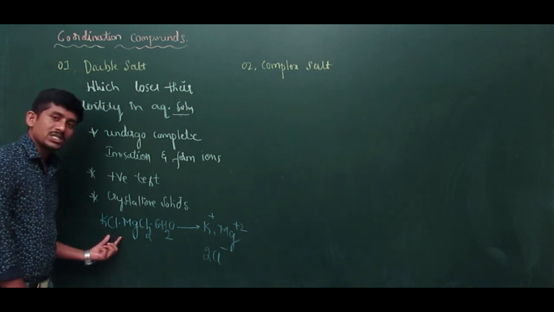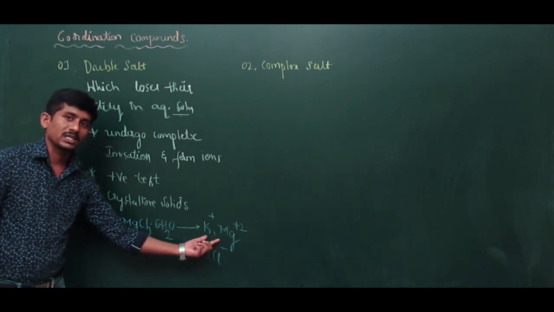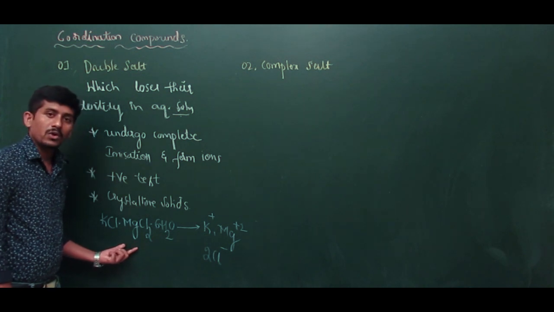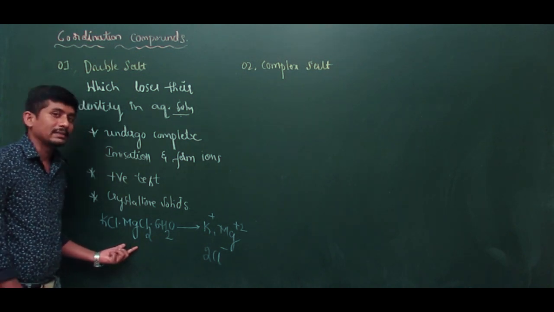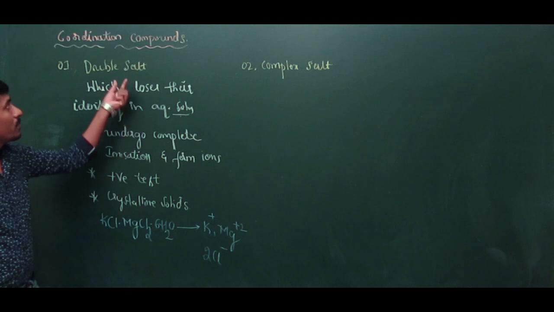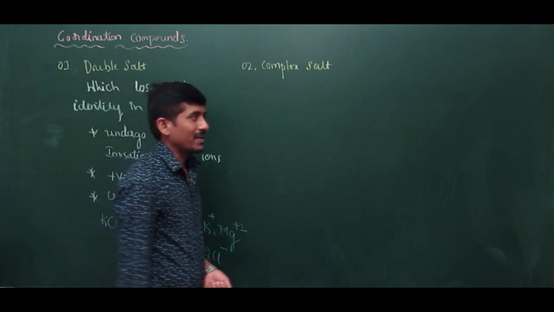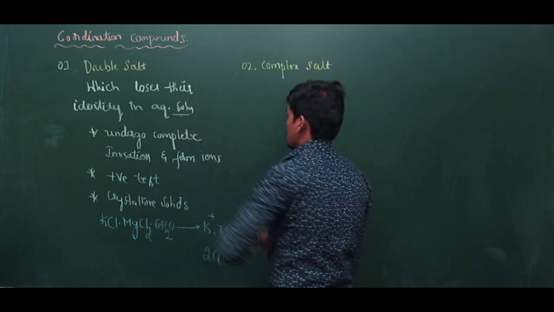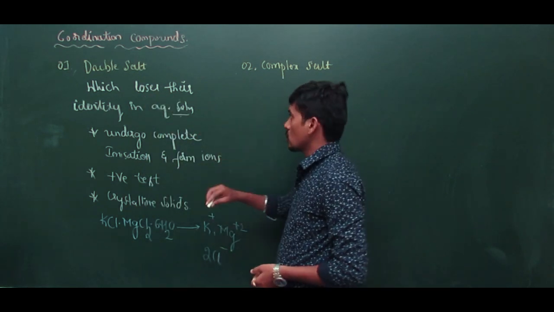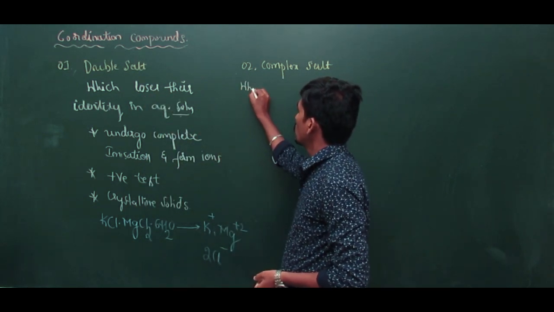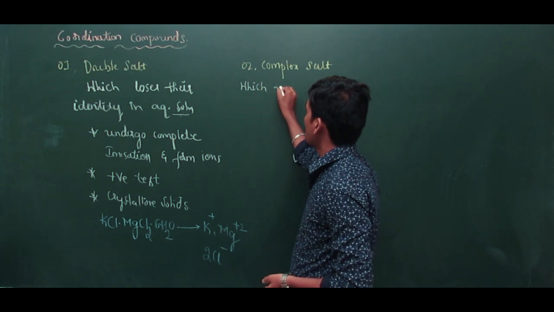All the constituent ions get dissociated, hence the compounds which lose their identity are called double salts.